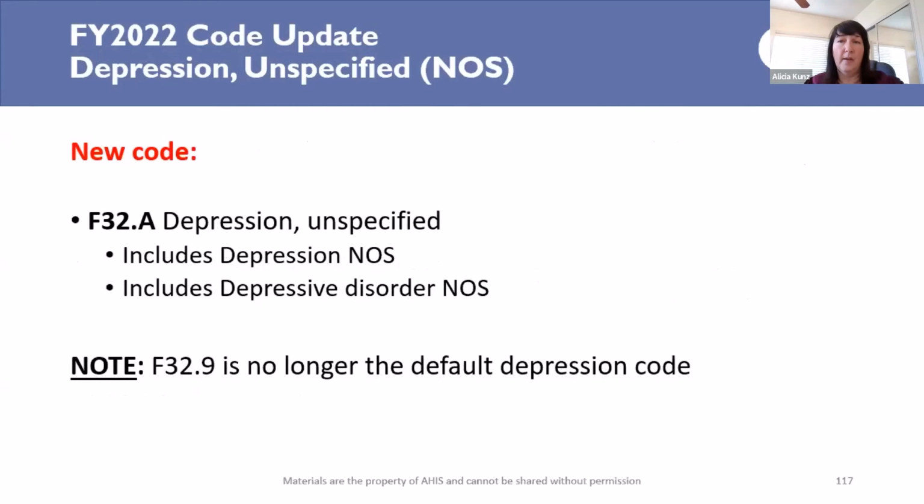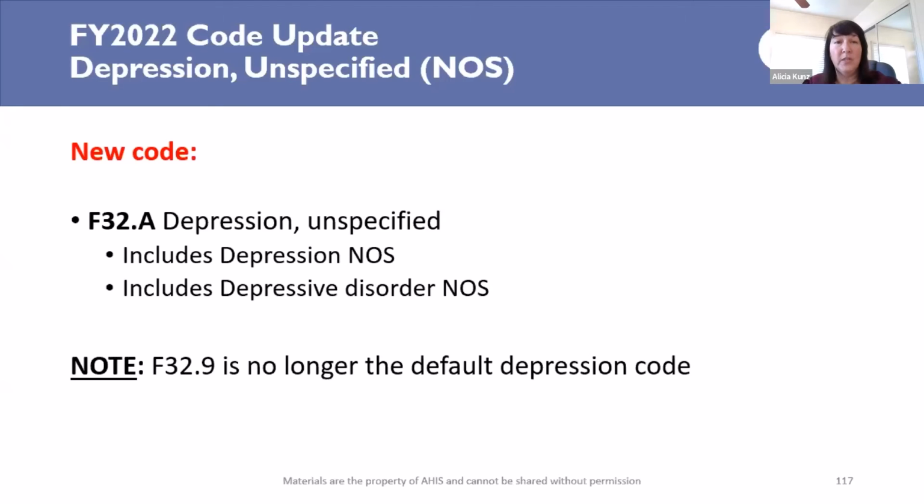We had some changes here for fiscal year 2022 for depression. As of October 1st, the default depression code is no longer F32.9, it is F32.A, depression unspecified. That includes depression not otherwise specified or depressive disorder not otherwise specified.